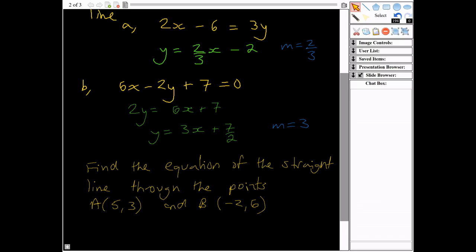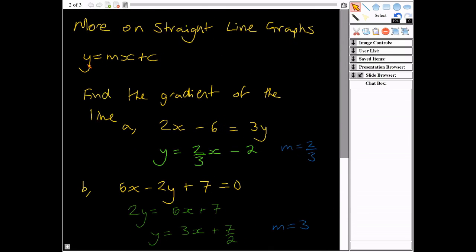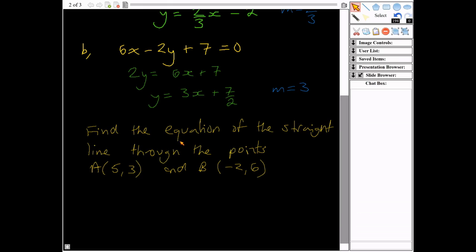In this case, I'm going to need to find the equation using those points, and have it in the form y is equal to mx plus c. So in order to do that, I'm first of all going to need to find the gradient.